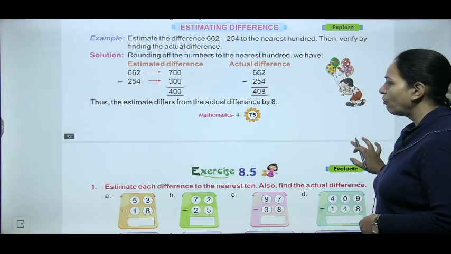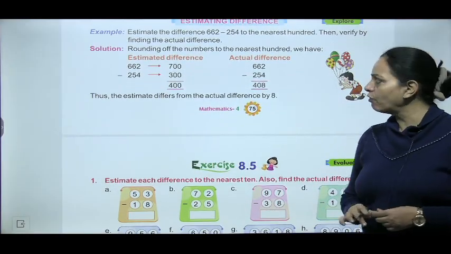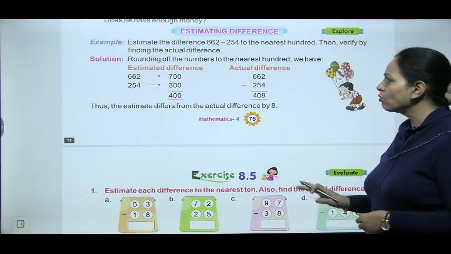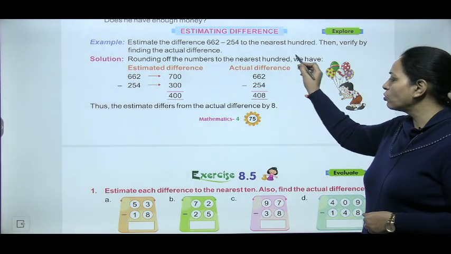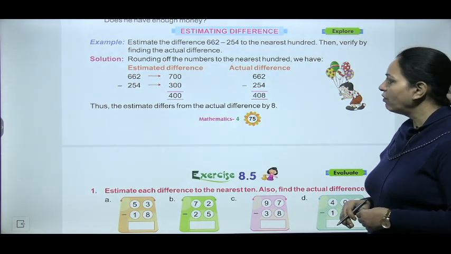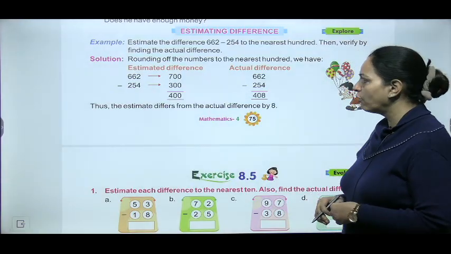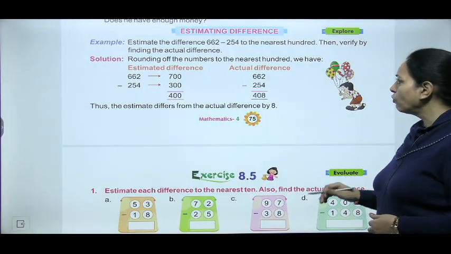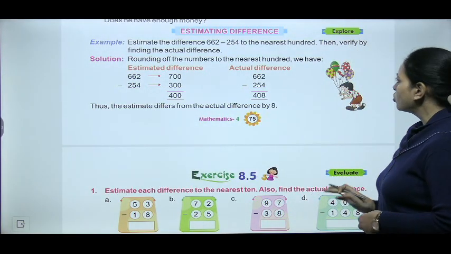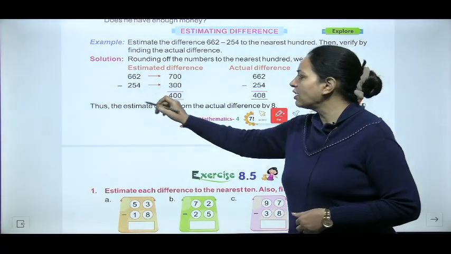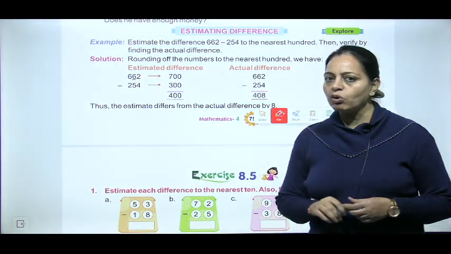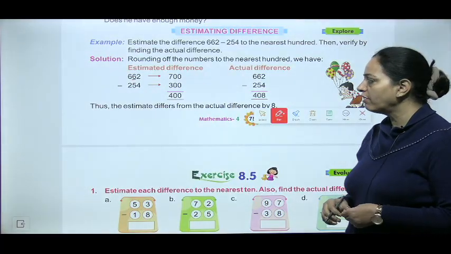Now estimating difference, example, estimate the difference 662 minus 254 to the nearest 100, then verify by finding the actual difference. So rounding off to the nearest 100. So 662, see the tens digit. This is 6 more than 5, so there is change in 100 digit.